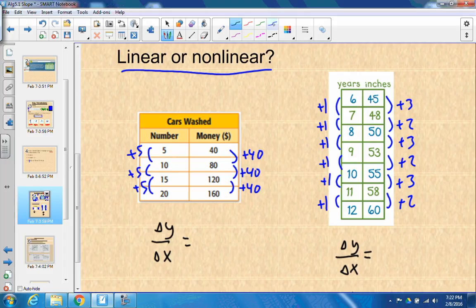So the constant change in y over change in x would be 40 over 5, which reduces to 8 over 1. I always leave slope as a fraction because that shows the rise over the run, or the change in y over the change in x. This would be linear, since it's always the same.